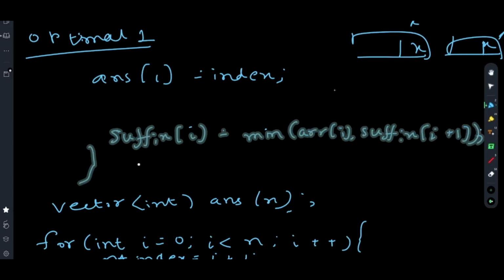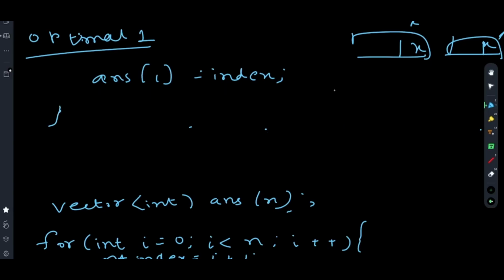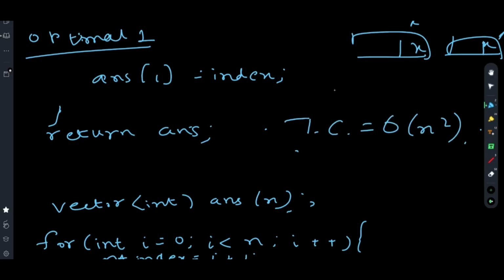After that, your iteration is over in this particular array, and you will return answer. This is your algorithm. How much time is it going to take? O of n square, space O of 1.